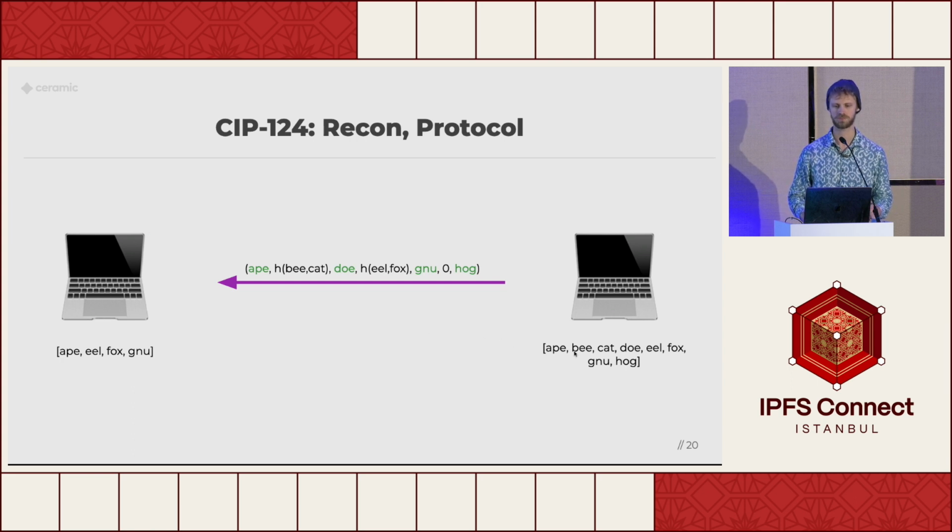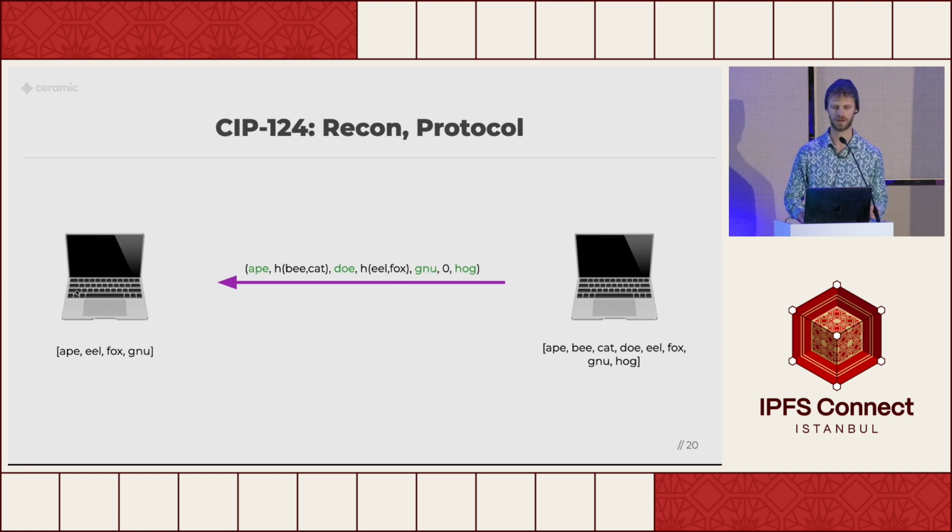Basically, it sees that, okay, I don't have the same hash as this for the values, so I'm going to split the range in two and send back the split ranges. So still start with ape, but we actually stop with hog instead of gnu, and then we send the hash in between the middle value, which in this case is bee, cat, and the hash in between the other values, which in this case is eel, fox.